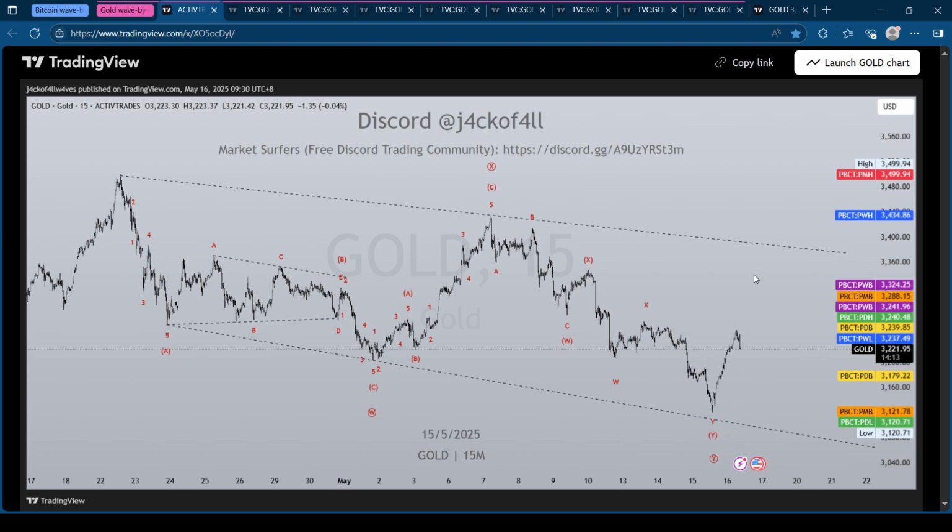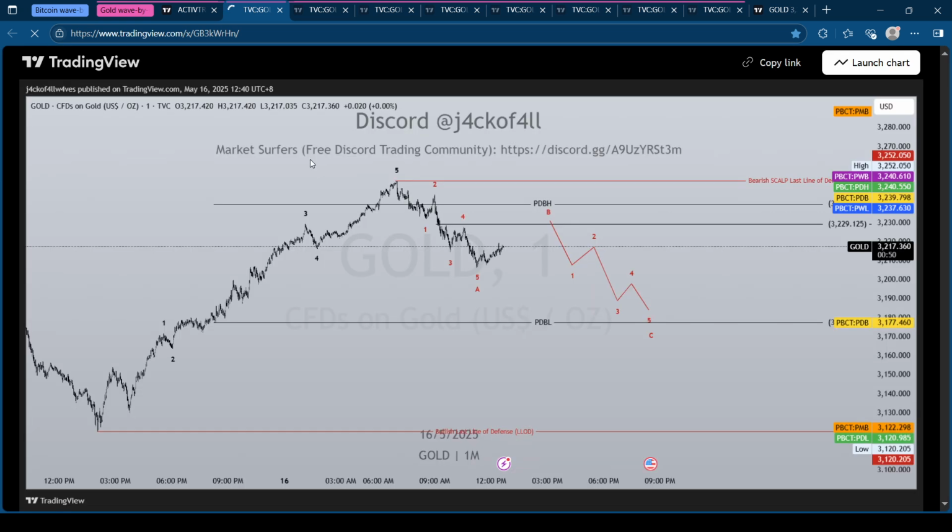In this case, the reason why I reviewed the cardinal rules of Elliott wave theory is for you to realize that those counts must be reconsidered. Why? They have violated the cardinal rules of Elliott wave theory.